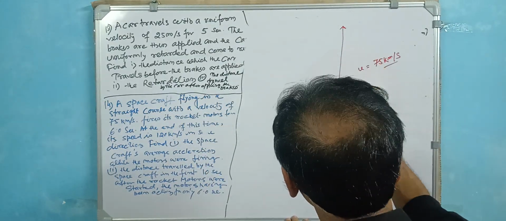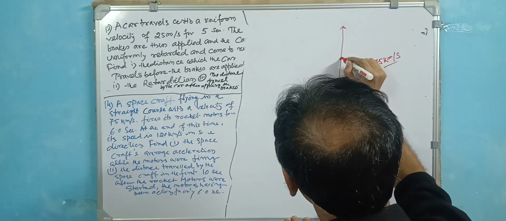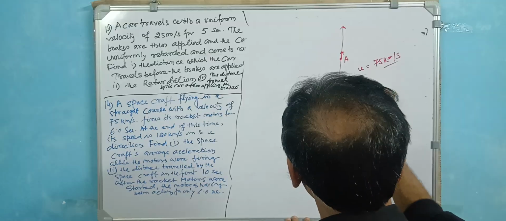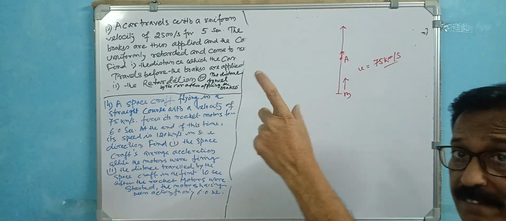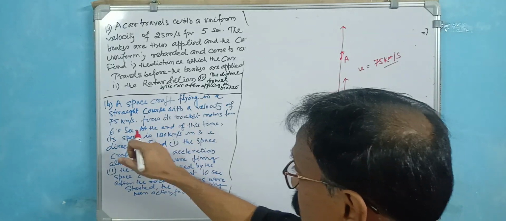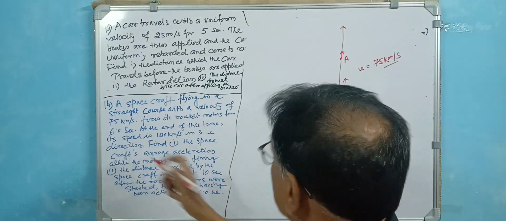Here is the rocket. In that position it fired its rocket. So this is A, B. The rocket motor is fired for 6 seconds.